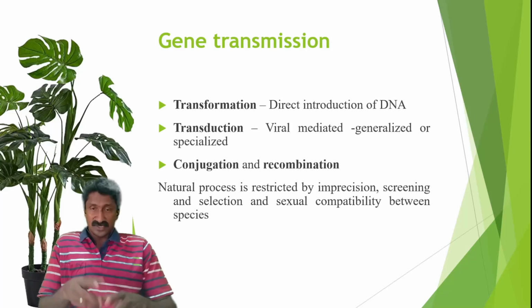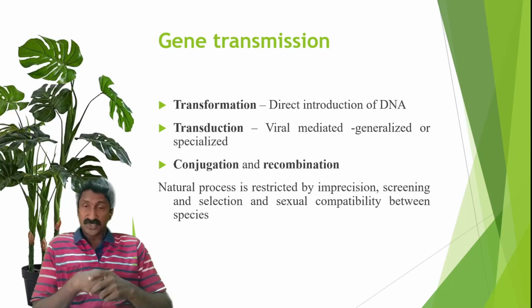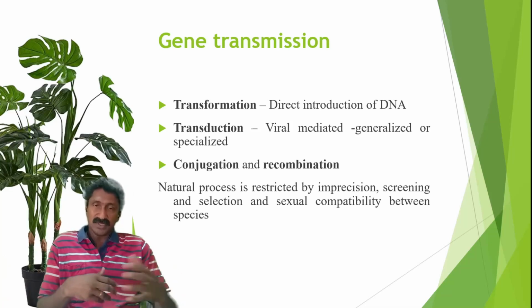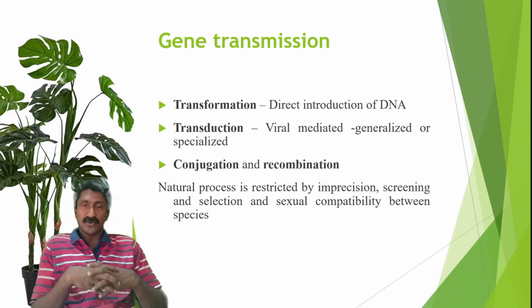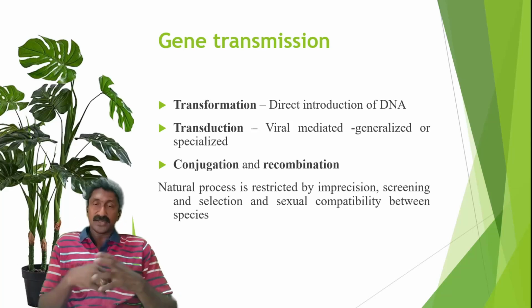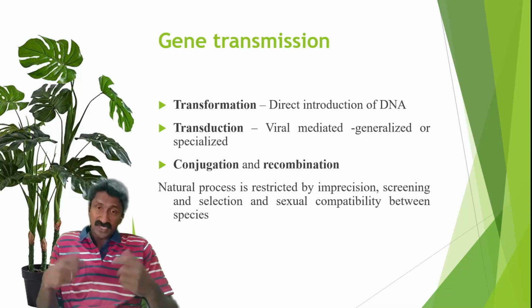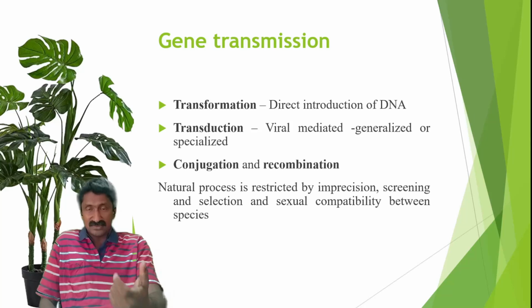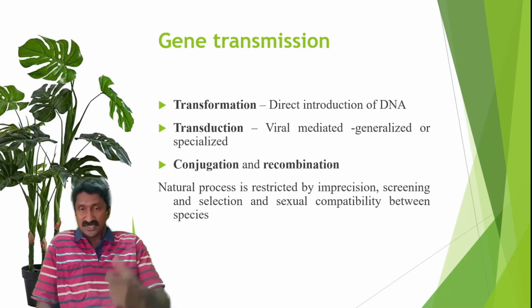That's why, for example, if you want to screen for an antibiotic producer, you will collect a large amount of soil samples or some other samples from different locations. Then you will screen the entire sample for possible antibiotic producers. And from the antibiotic producers, you will see whether that antibiotic is successful against your target organism.